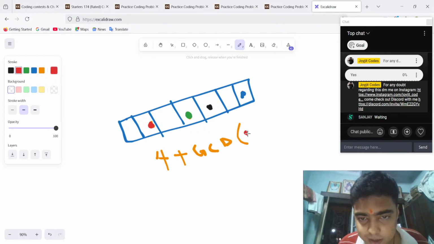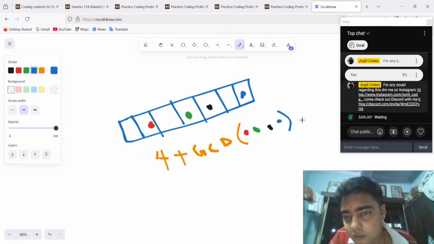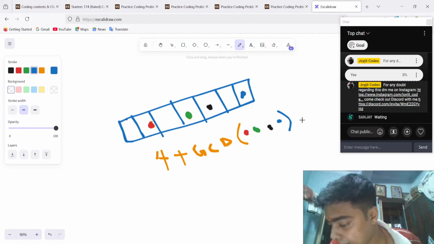GCD of red, green, black, and blue. So we have to find the GCD of all of them, and basically maximize the whole thing.